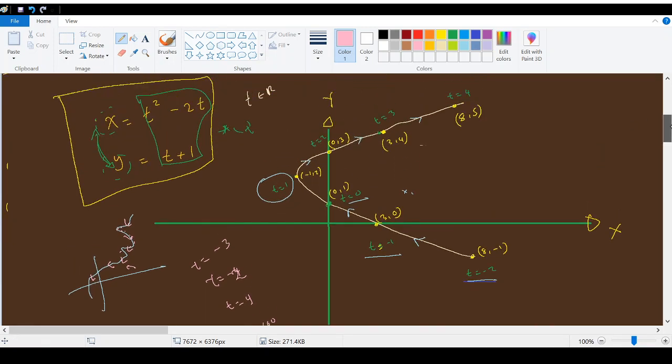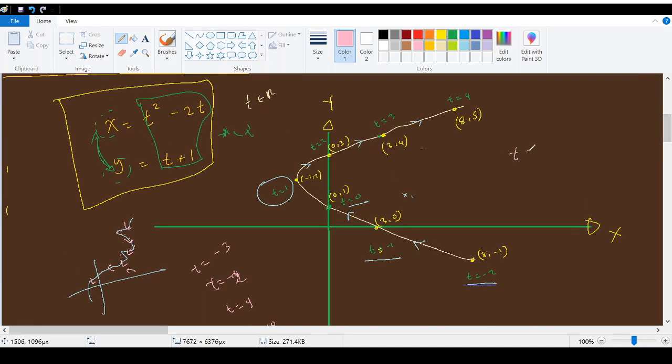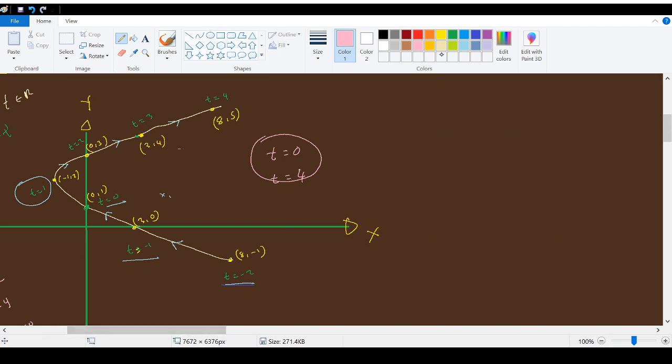So let's say we start t at 0 and end t at 4. Then according to this starting point and end point, we will start our graph at this position and end the graph here. So ultimately we will have a curve like this, right?